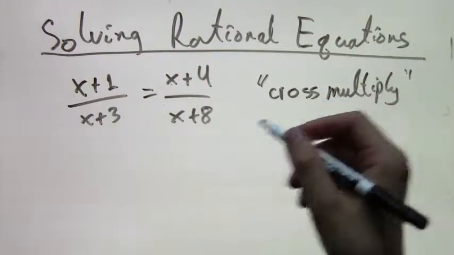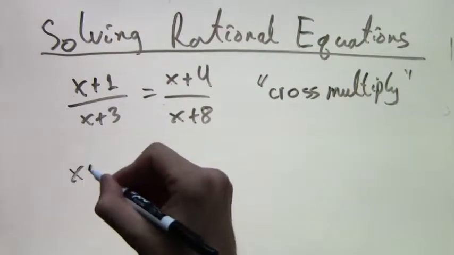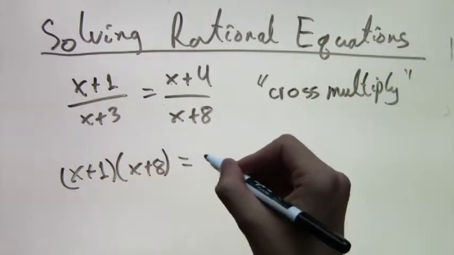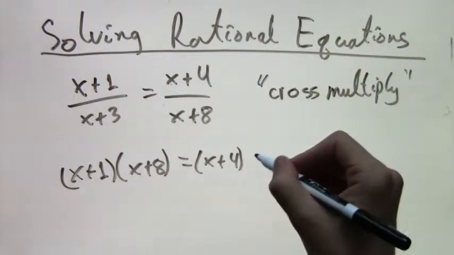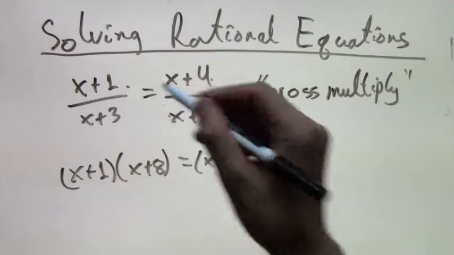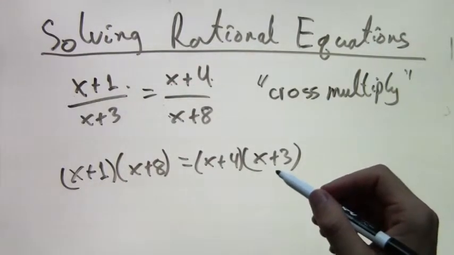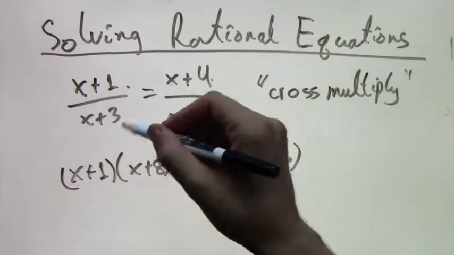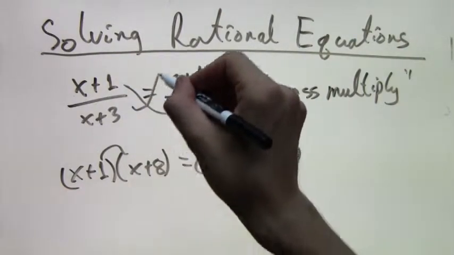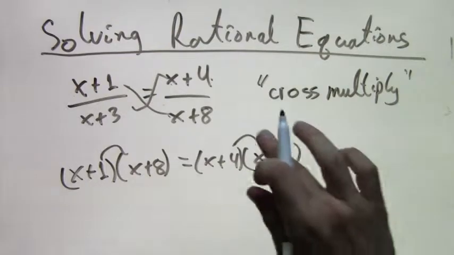I'll show you what I mean by writing it down. The above equation is the same as (x plus 1) times (x plus 8) equals (x plus 4) times (x plus 3). So we do these diagonal shifts. The x plus 8 moves next to the x plus 1, and the x plus 3 moves next to the x plus 4. And now we just have multiplication.